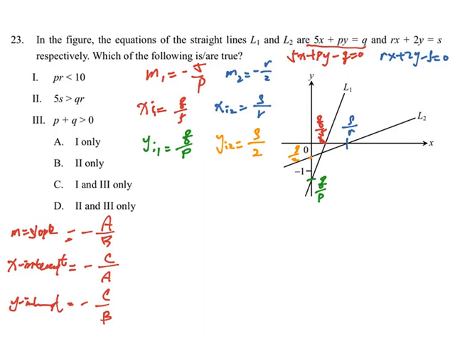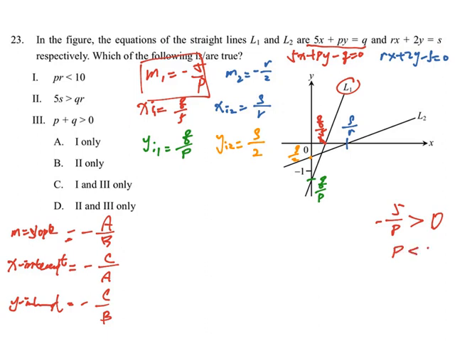Now we'll compare one by one. Because for line 1, it is increasing, that means the slope is positive. So for m1, negative 5 over p is positive. For p, because of the negative sign, p should be negative so that it becomes bigger than 0.